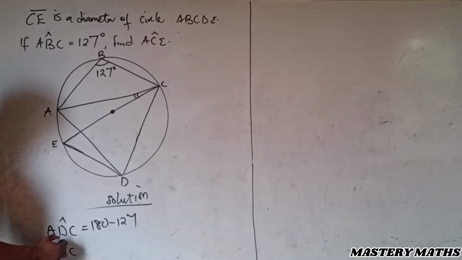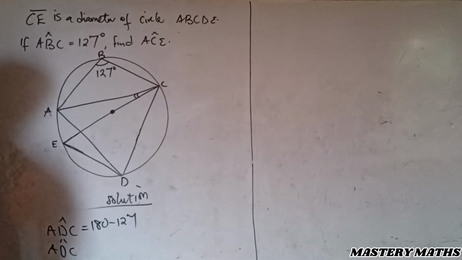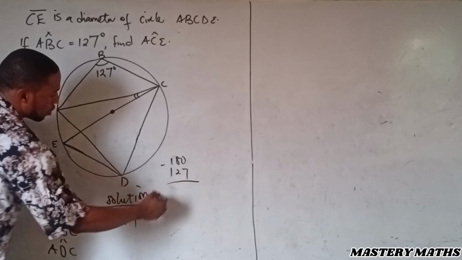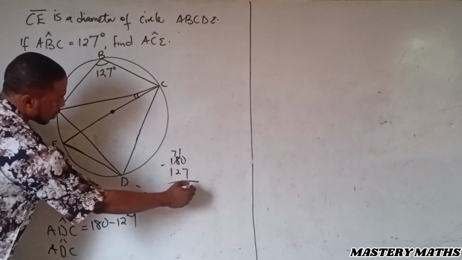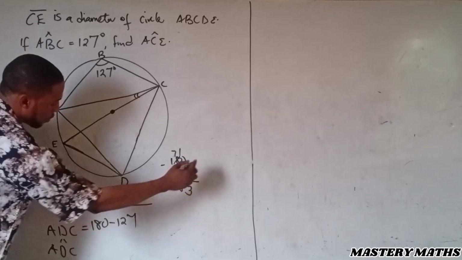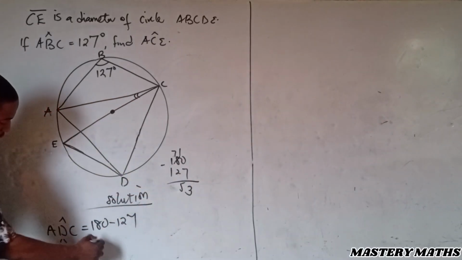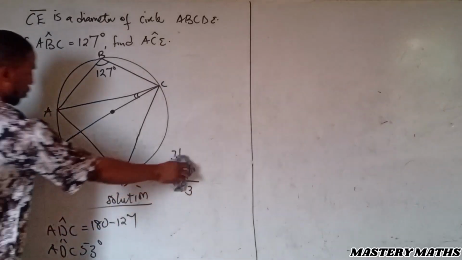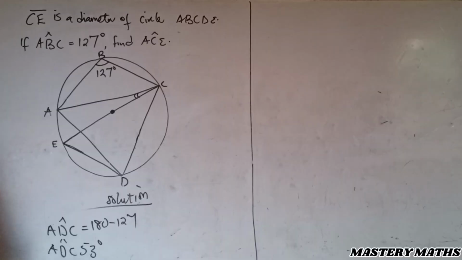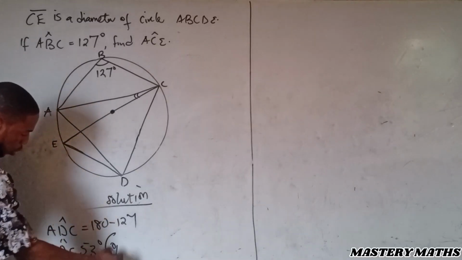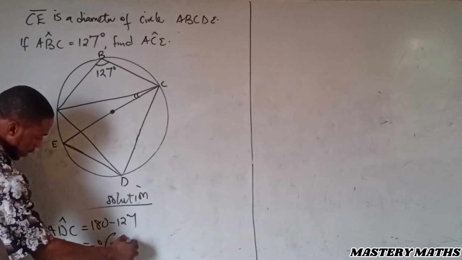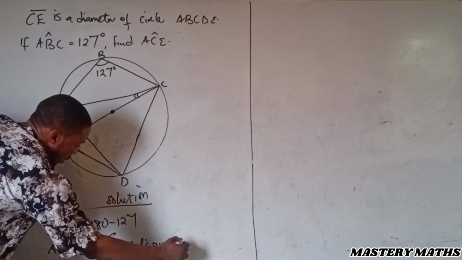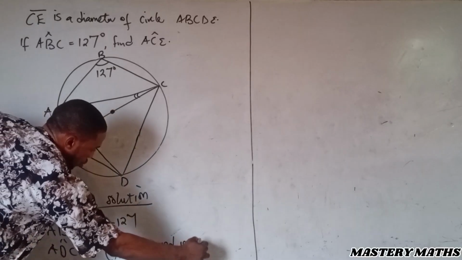180 minus 127 gives us 53 degrees. So what will you put? Opposite angles of a cyclic quadrilateral are supplementary.